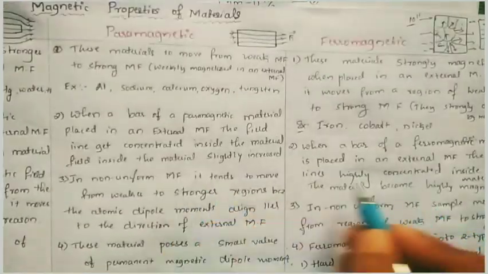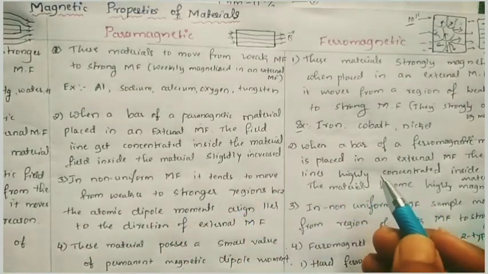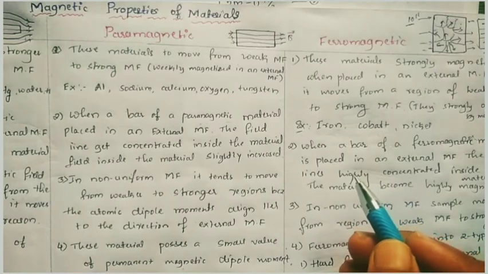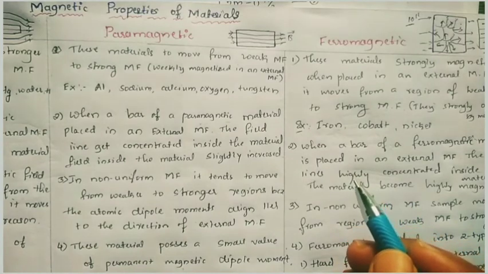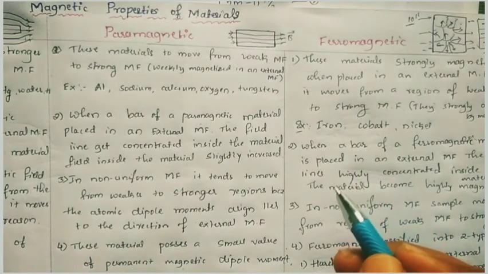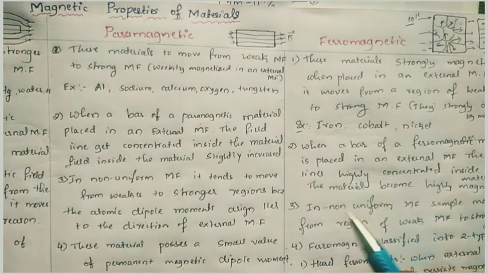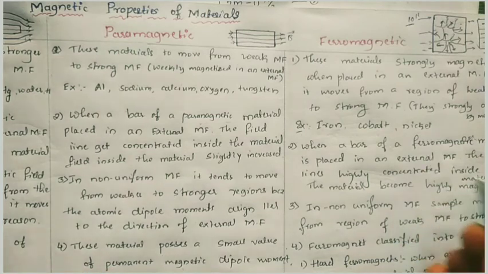And in both paramagnetic and ferromagnetic, the material will be moved from the weaker region to the stronger region. And the magnetic dipole moment is zero in the diamagnetic, and it is present here, and here also present.